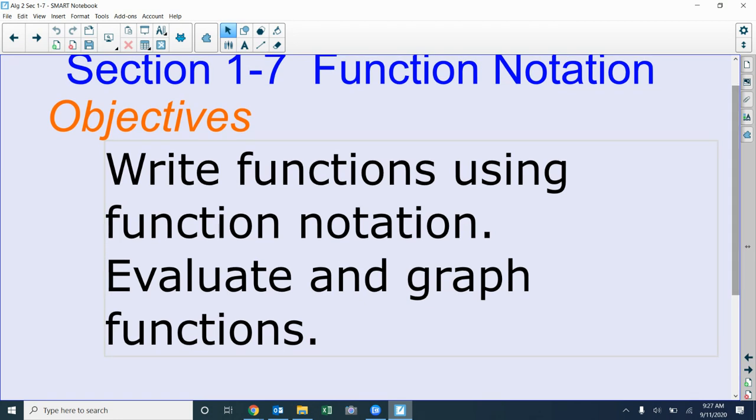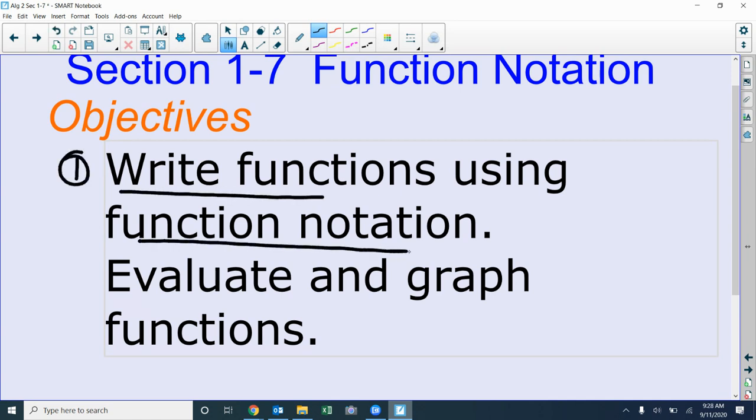We got 3 things to talk about today, 3 things before you leave. And I think if I were to give you the homework right now, you could probably do it. That's how simple today is, okay? Number 1, we're going to write a function using function notation. What does that mean? Well, that means instead of saying y equals 2x plus 3, we're gonna say f of x equals 2x plus 3, okay?